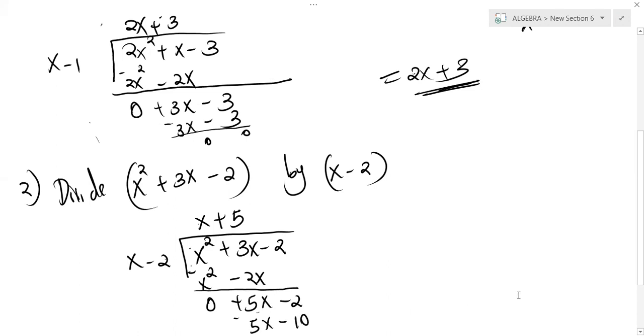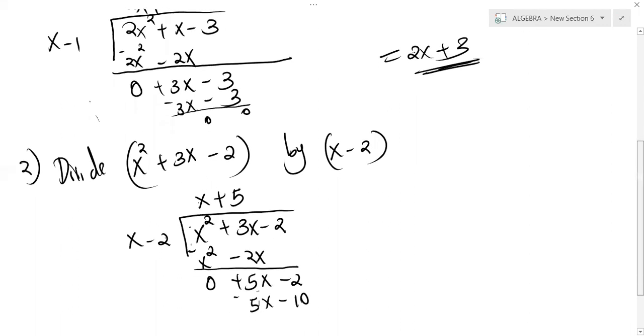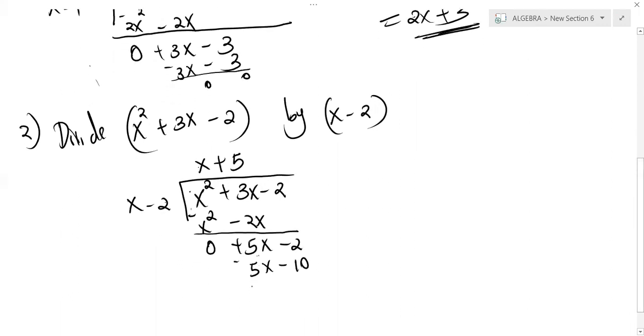So subtracting those, 5x minus 5x will give us a 0, and minus 2 minus minus 10 will be plus 8. Clearly we see this is what we are remaining with.